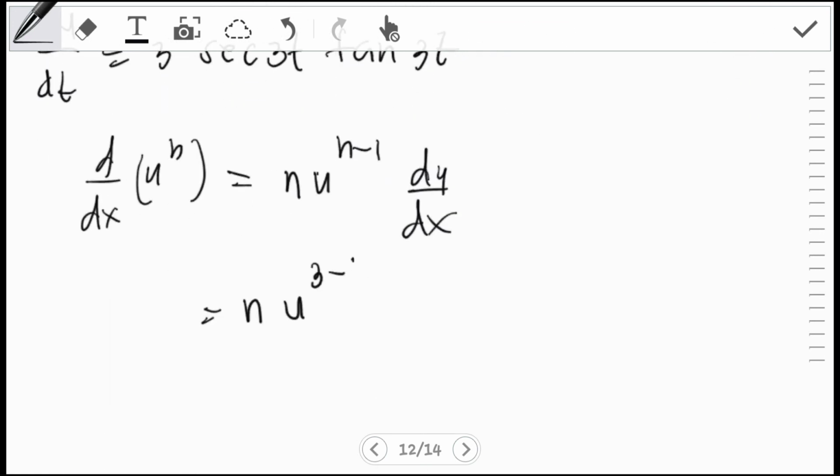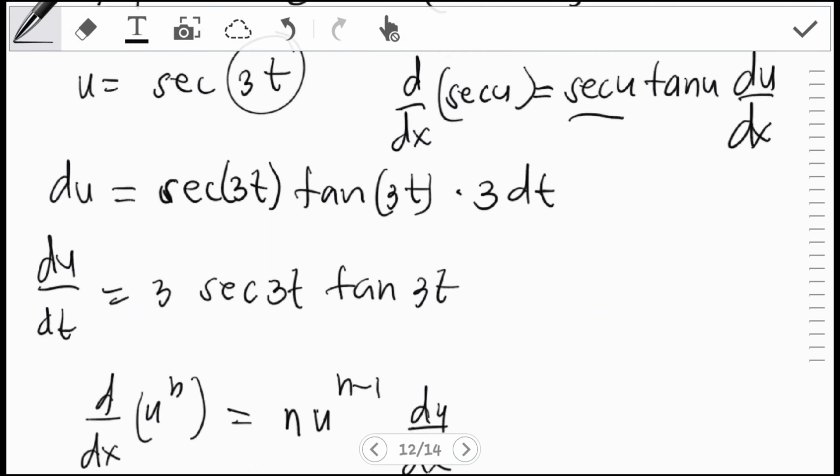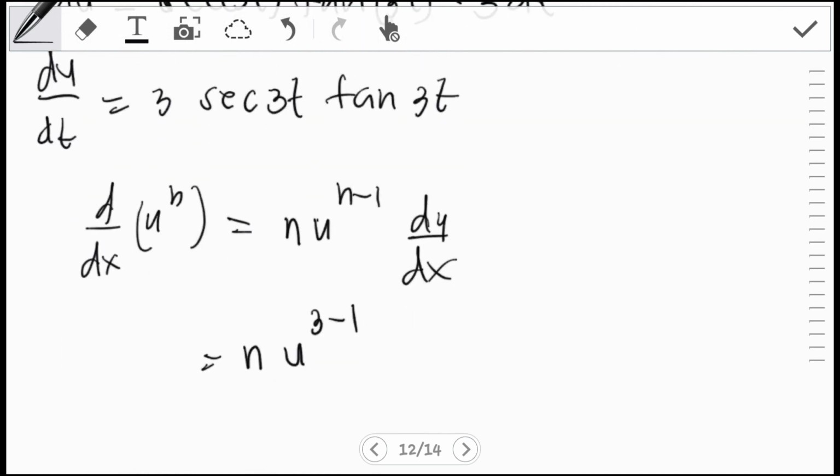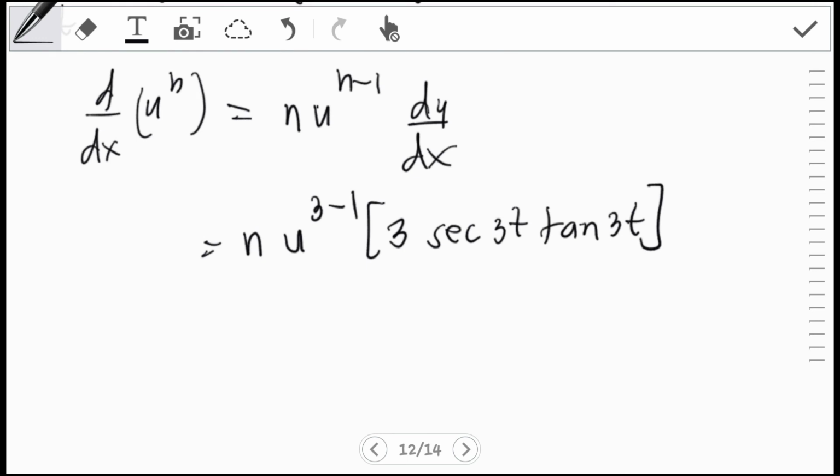So 3 minus 1, then du over dx, or that is equivalent of du over dt, which is 3 secant 3t tan 3t. Okay. So the value of n is 3. So 3 times 3, that is 9.